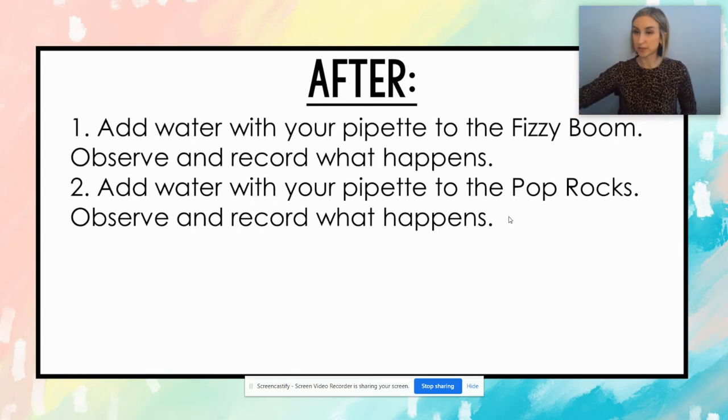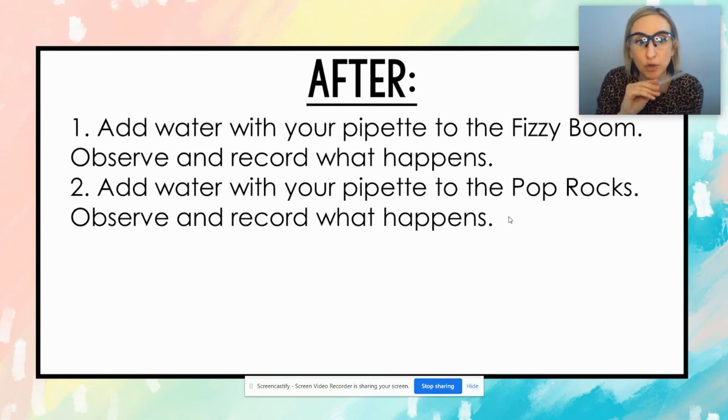So let's just say you're starting with the Fizzy Boom. Get your safety goggles on. You're going to pour some water over the Fizzy Boom specifically. You want to make sure that the white powder that's inside of it, that you get that wet. Watch what happens. Pay very close attention. Listen to it and observe what happens.